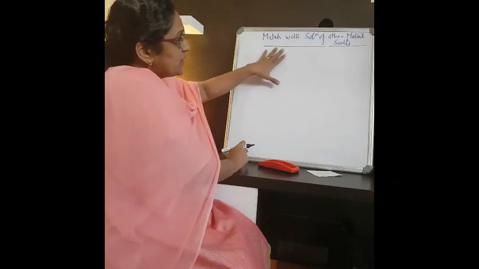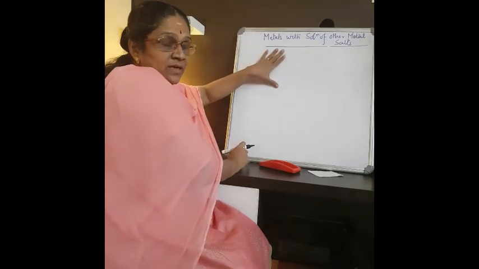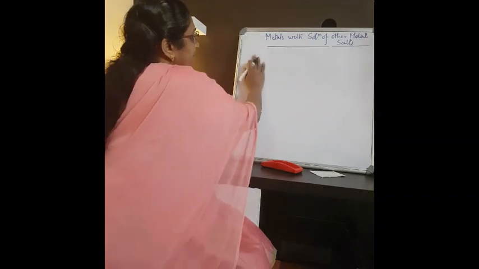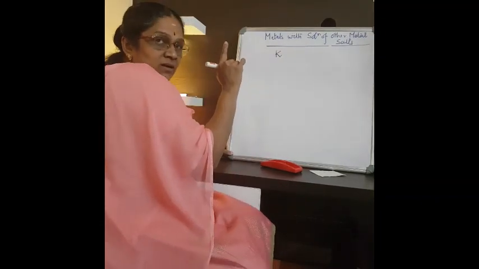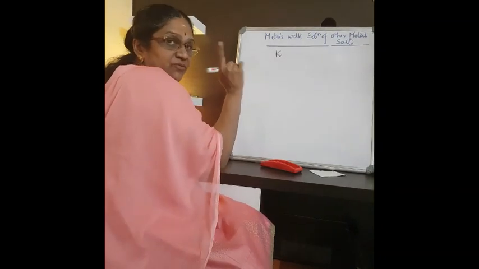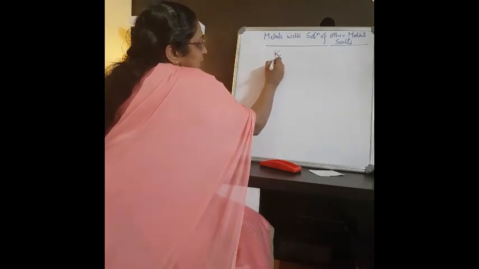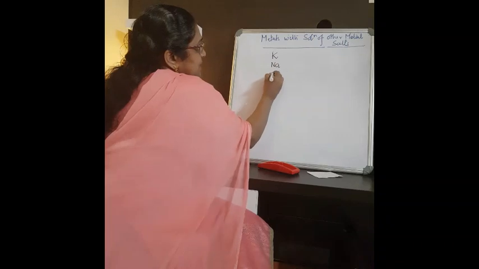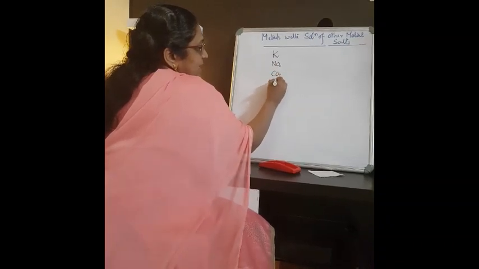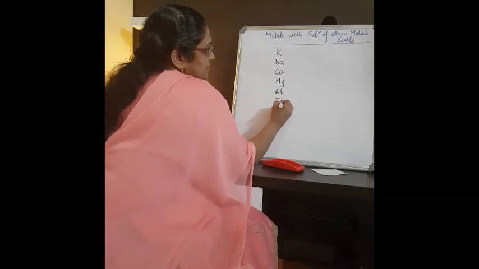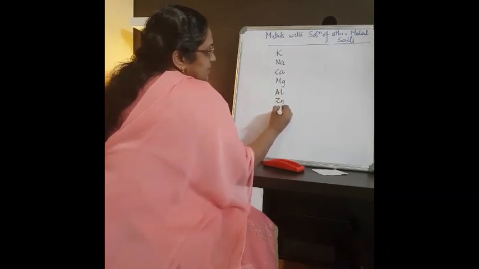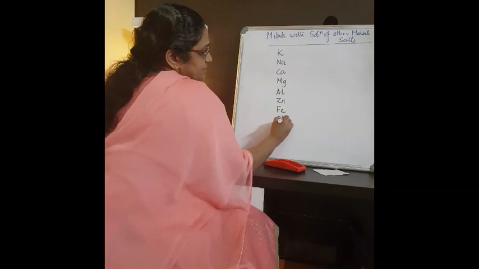So what we write at the top is the more active. First we have written potassium. You can go through that displacement reaction chapter and you will find it. So potassium, sodium, calcium, magnesium, aluminium, zinc, iron, lead.